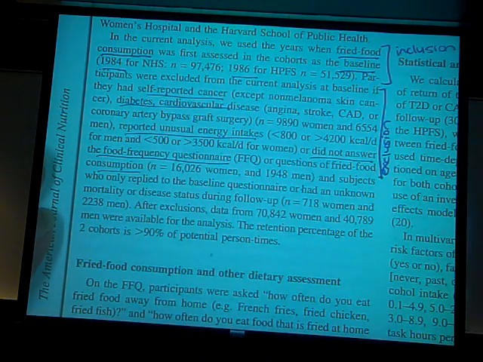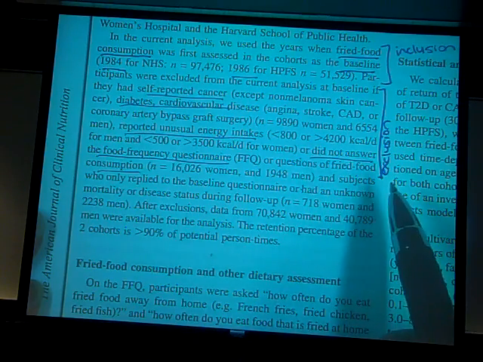And the reason for excluding people who had unusual energy intake, and you can see how that's defined, is typically because people who consume less than 800 or greater than 4,200 calories may be misreporting information on the food frequency questionnaire, or they don't represent the typical population. So we typically exclude that, and that's very common in nutrition epidemiology studies.